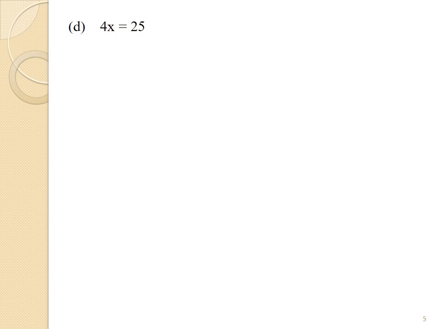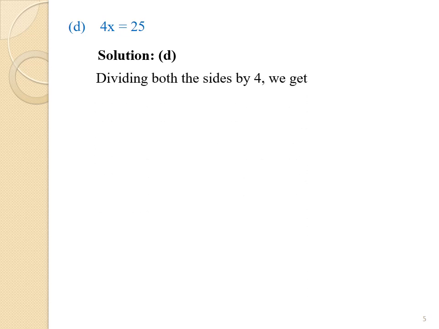Now, sum D. 4x equals to 25. Students, in this equation, we have to use division law. Dividing both the sides by 4, we get 4x upon 4 equals to 25 upon 4.